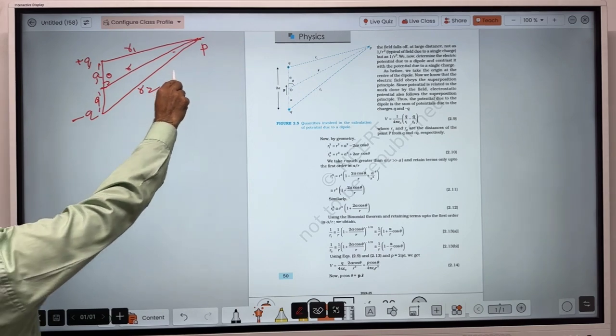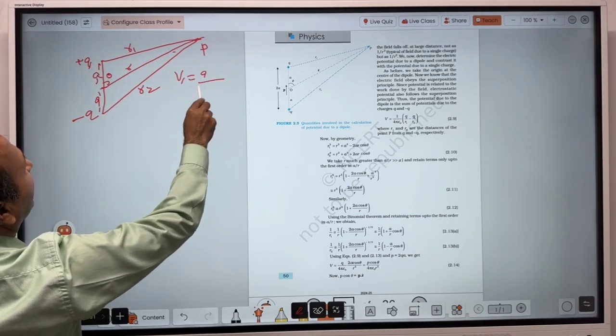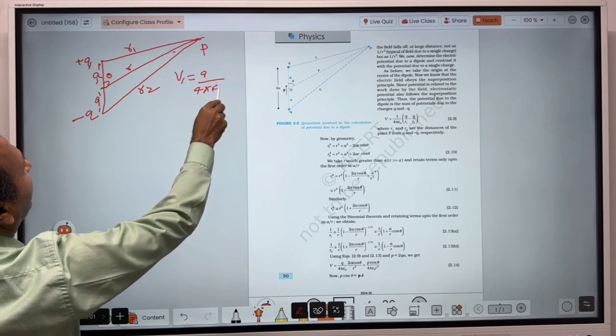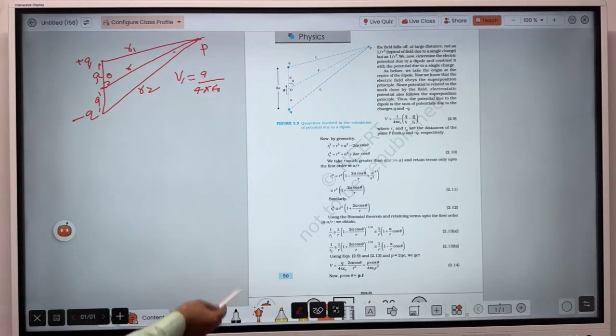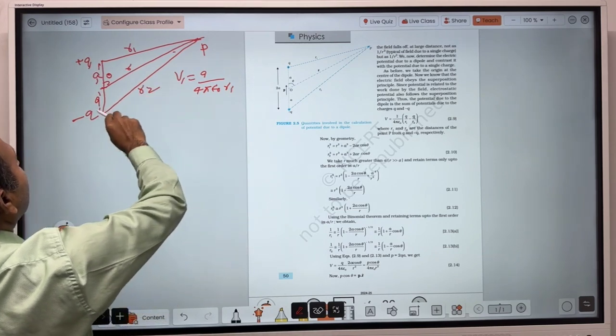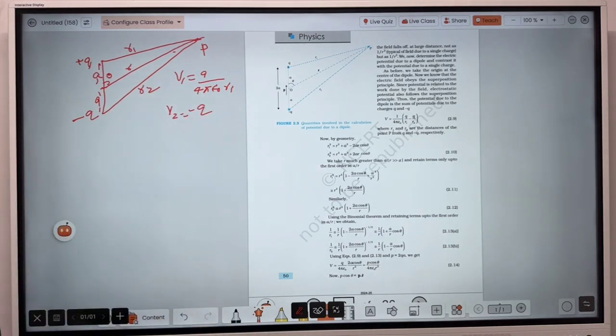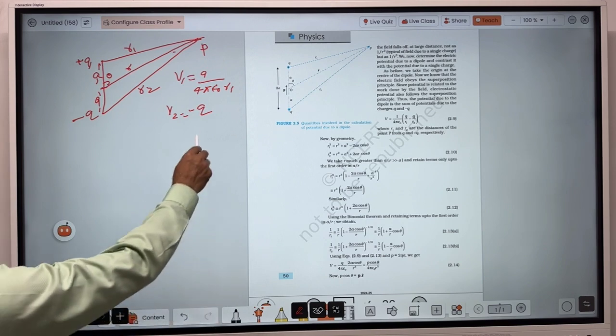So formula, as you know, V1 will be Q divided by 4 pi epsilon naught, and we take distance. Here distance is R1, and V2 will be minus Q. As I told you in the beginning, you have to consider the nature of the charge while calculating the potential, because it is a scalar quantity.